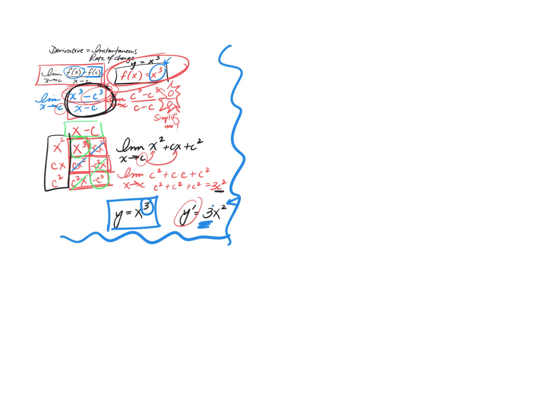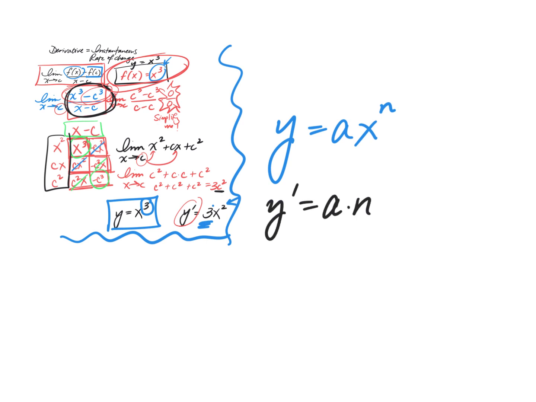And it just says that if you have a function, so let's say it's y equals a x to the n, where a is some number, x is a variable, and it's being raised to a power of n. The derivative of this power function has to be a power function, so a quantity with x raised to a power. The derivative always follows the pattern where you bring the power down and you multiply, and then you go to one less power.